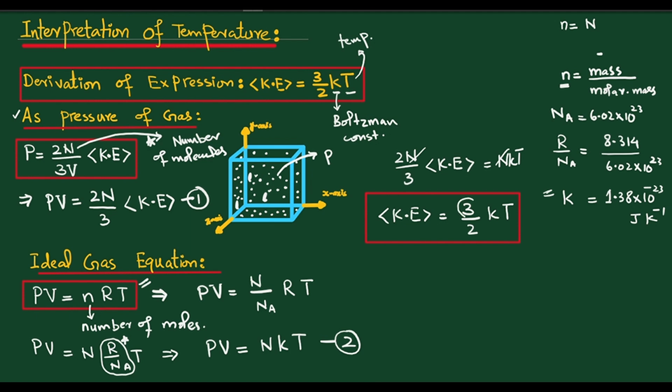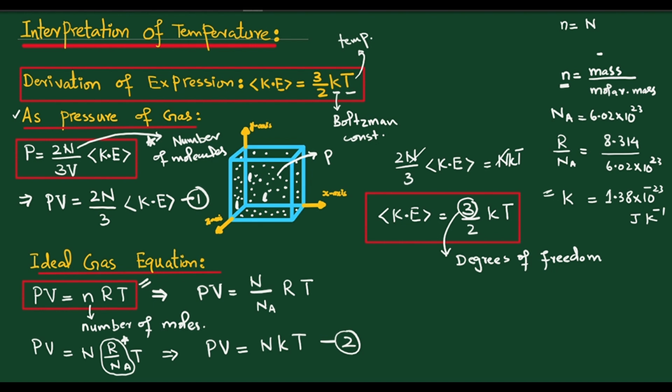The term 3 determines the degrees of freedom. Degrees of freedom means that the molecules can go in the x direction, y direction, and z direction, the translational motion in three directions, so its degree of freedom is 3.